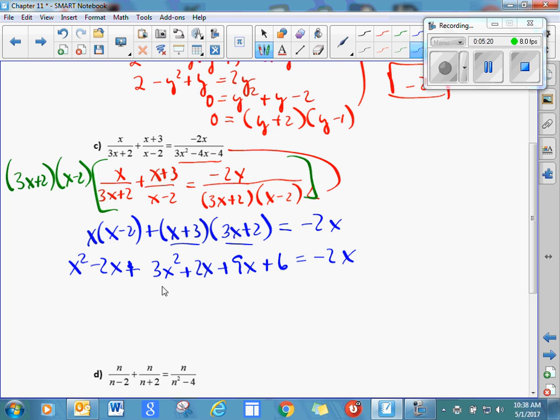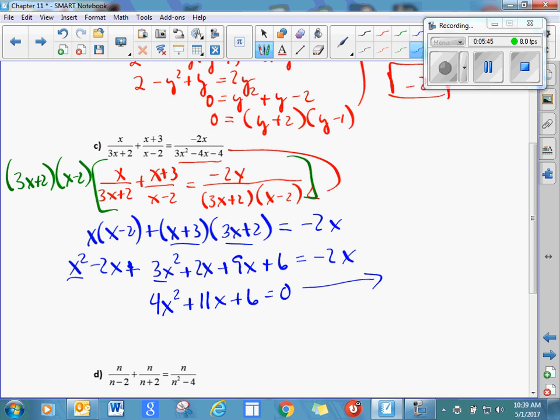So we can clean this up further, and we end up with the x squares, there's 4 of them. That minus 2x and that 2x go away. Oh, and I'm going to go ahead and add this 2x over here to this side. So we end up with 11x plus 6 equal 0 when we set them equal to 0.